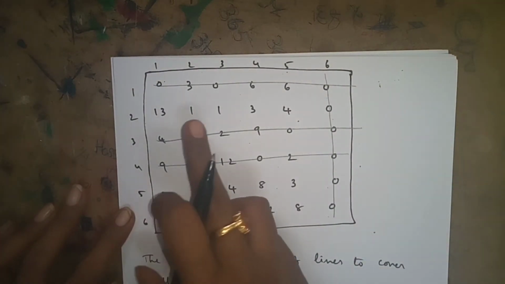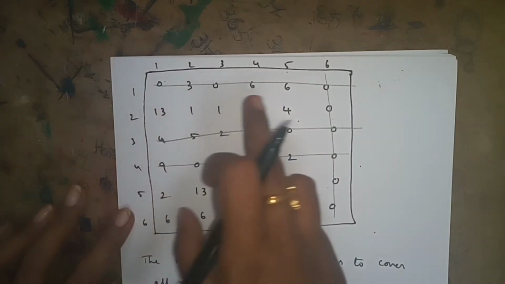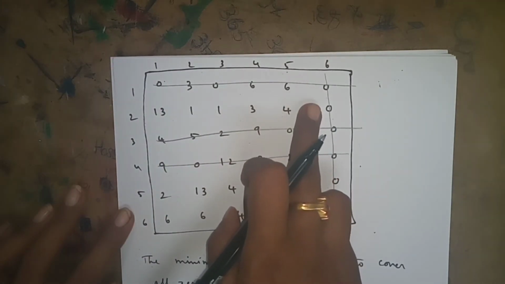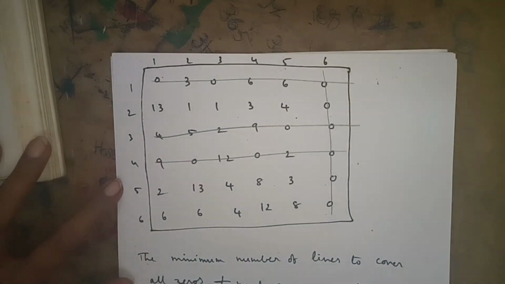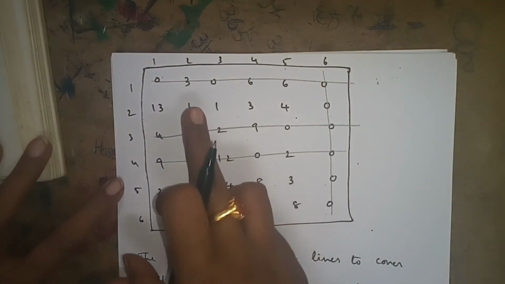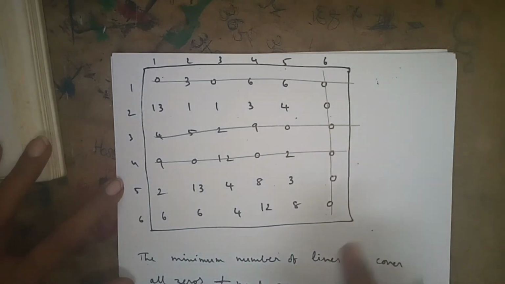Subtract that element from the uncovered cells and add the minimum number at the intersection points.